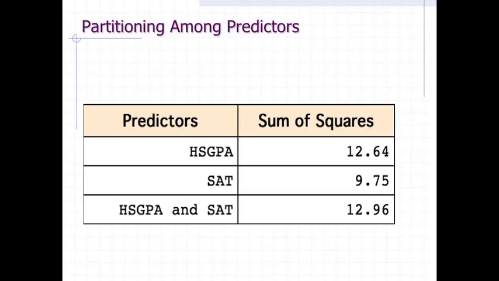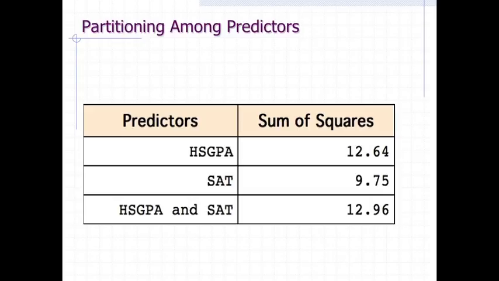As can be seen in the table, the sum of squares in these regressions is 12.64 for high school GPA and 9.75 for SAT. If we add these two sums of squares, we get 22.39, a value much larger than the sum of squares explained of 12.96 in the multiple regression analysis.